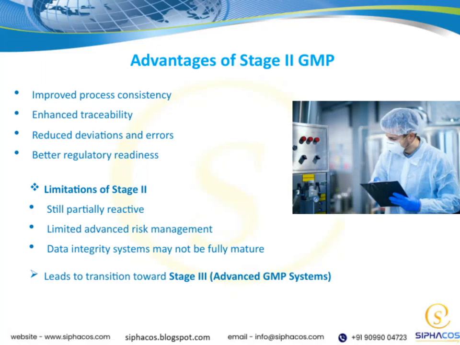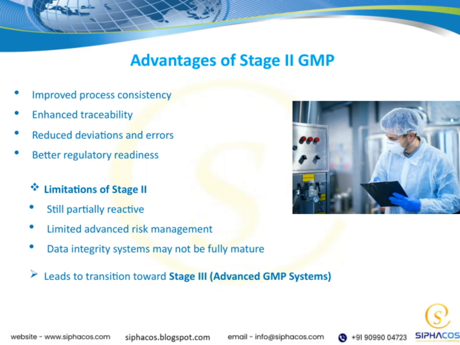Now, let's take a closer look at the limitations of Stage II. While it's a significant step forward, it still remains partially reactive, meaning we're often responding to issues rather than proactively preventing them. Additionally, the risk management capabilities at this stage are somewhat limited, which can impact our ability to foresee and mitigate potential problems effectively.